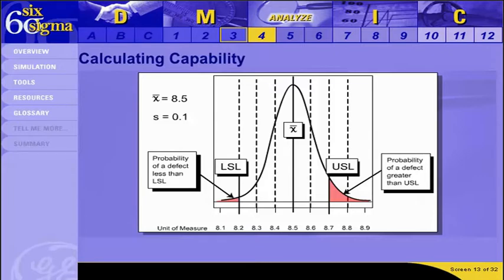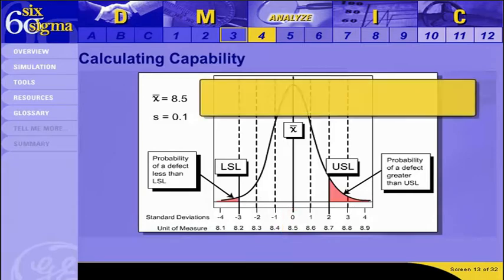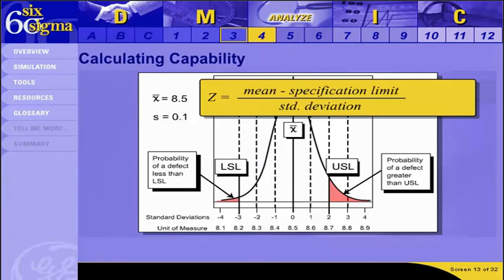Luckily, every normal curve can be normalized by setting the mean to 0 and constructing a scale in standard deviation units. This standardized structure then allows us to use one simple table to determine the defect rate by looking at parameters called the z-scores. The z-scores are calculated by subtracting the mean from the specification limits and then dividing by the standard deviation.